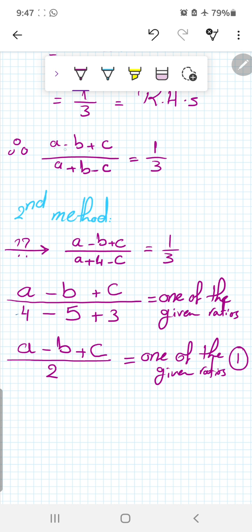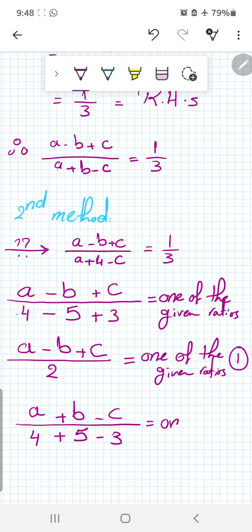Now we get the denominator. Here we have the first ratio A, the second ratio plus B, and the third ratio made negative C. First write a long fraction. First ratio as it is, A over 4, second ratio as it is, B over 5, third ratio made negative, C, so negative C and negative 3.